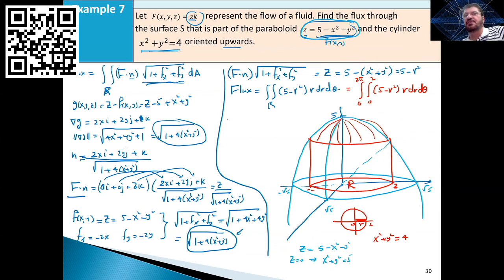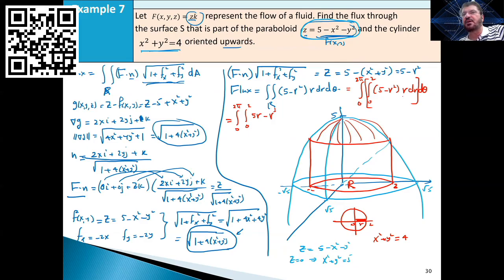Now, this is equal to the integration from 0 to 2 pi. Remember, we start the integration from inside. Open this. So this is the integration from 0 to 2 of 5r minus r cubed.